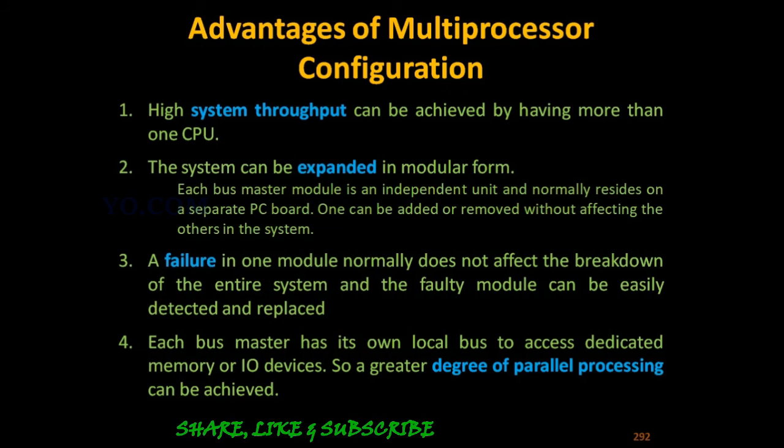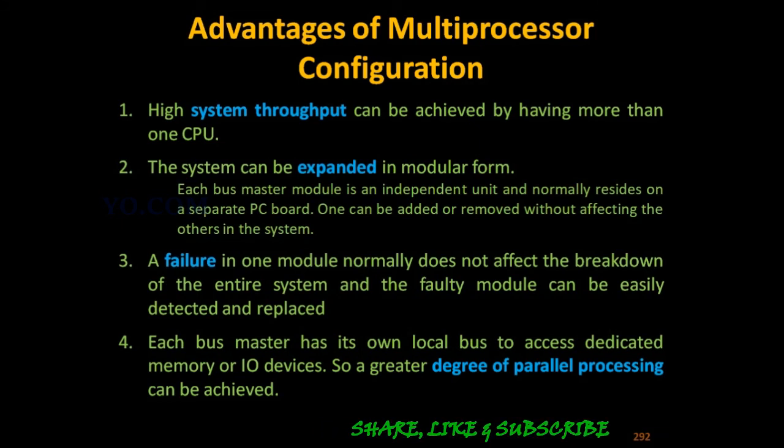Each bus master module is an independent unit and normally resides on separate PC boards. One can be added or removed without affecting the other system. The failure of one module normally does not break down the entire system, and the faulty module can be easily detected and replaced.